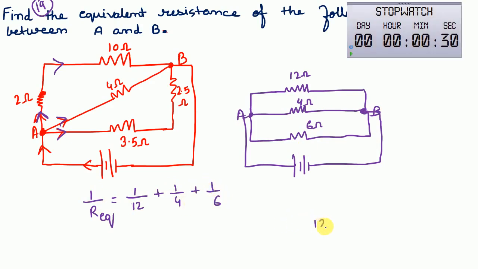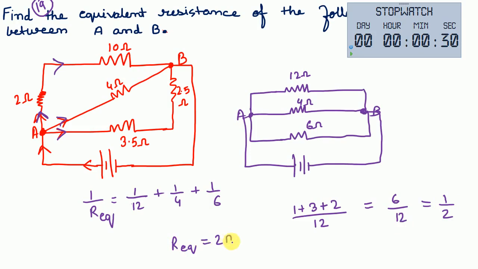We take LCM 12. 12 ones are 12, 4 threes are 12, and 6 twos are 12. What we get? 6 by 12. This gives 1 by 2, and R equivalent is 2 ohm.